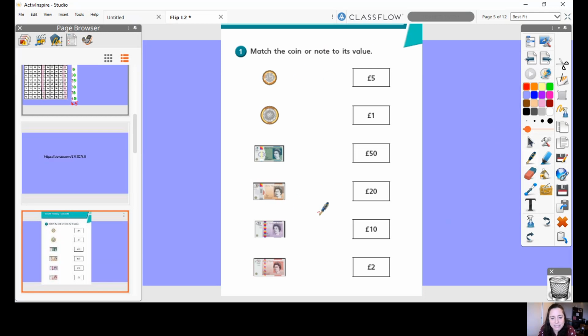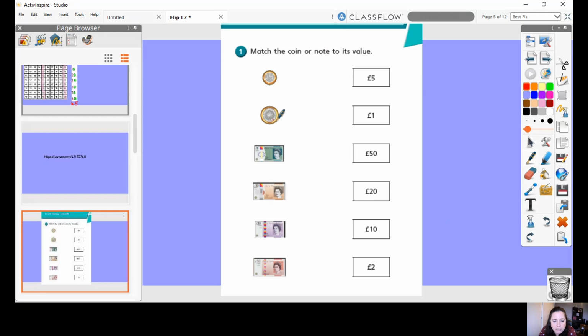So this is a little bit like the first question that we had in lesson 1, but this time we're thinking about the notes. Okay, now it's quite hard to see the amounts. I can just about see a 20 here. This purple one is the 20. I can see a 50 there, and I can see a 10 there, and a 5 there. And then we know we've got these coins here.